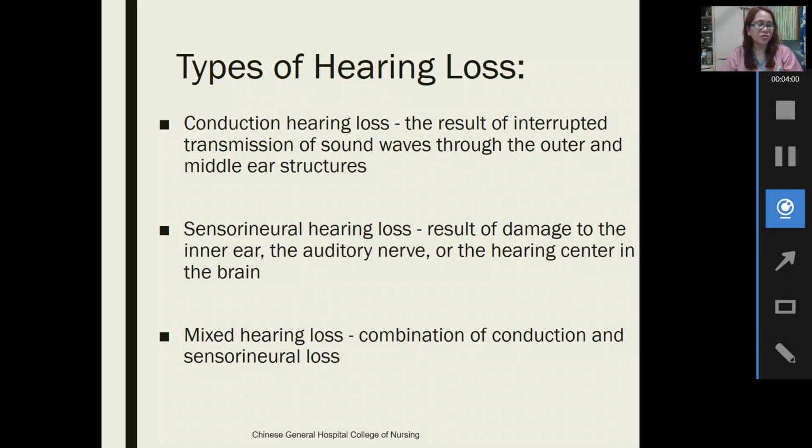So, kapag sensorineural hearing loss. Okay, so anong ginagamit natin sa sensorineural, sa conduction hearing loss? So, ito yung ginagamit natin sa conduction, yung Rinne's test, sensorineural, yung ating Weber's test. So, mixed hearing loss, it's a combination of conduction and sensorineural loss.